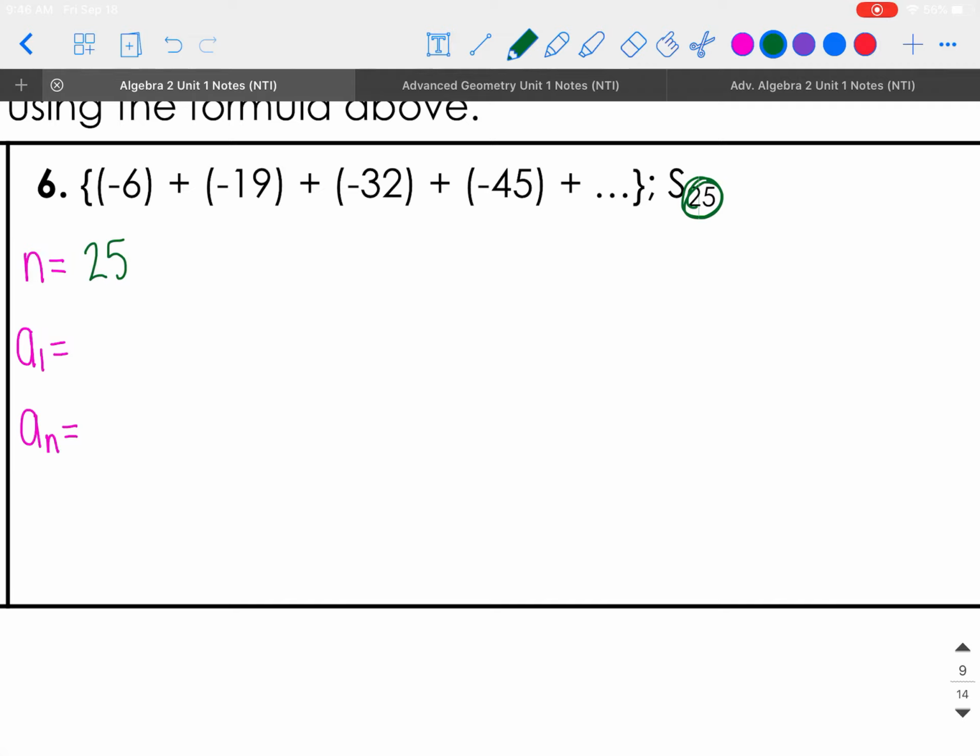A1, that is the first number listed, which is -6. AN, well, since n is 25, that means A sub 25, which is my 25th term. Just the number that's in the 25th spot in the list. And I've got to find that using my formula.